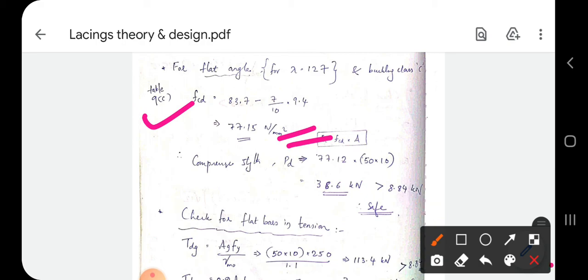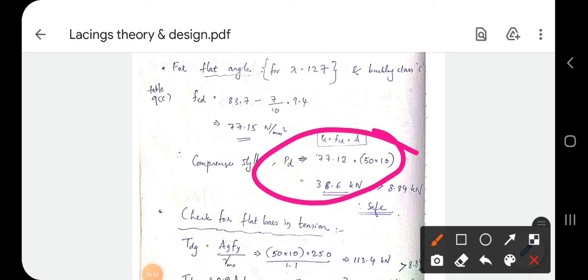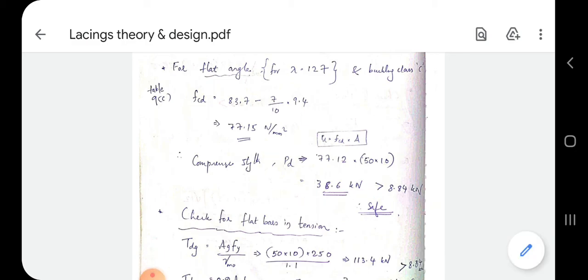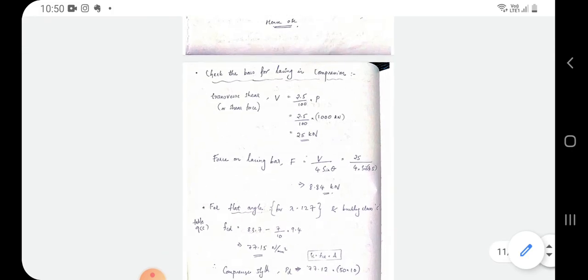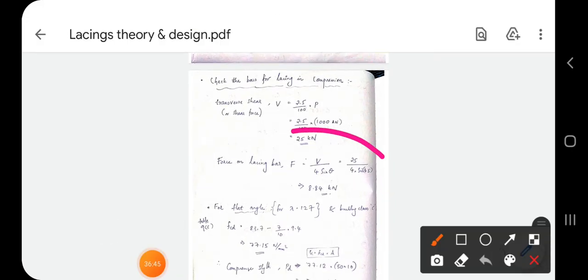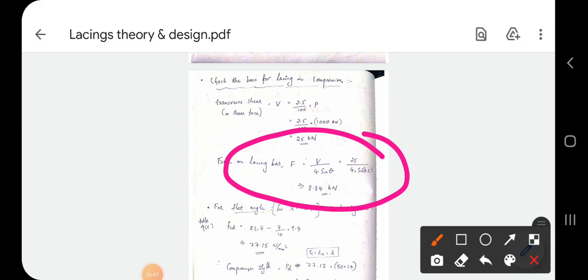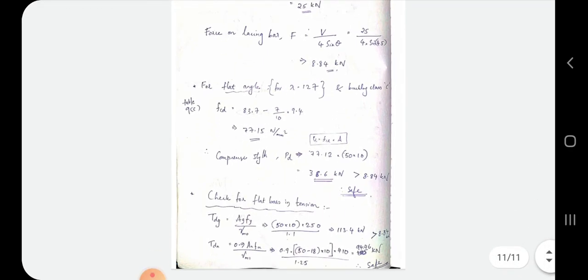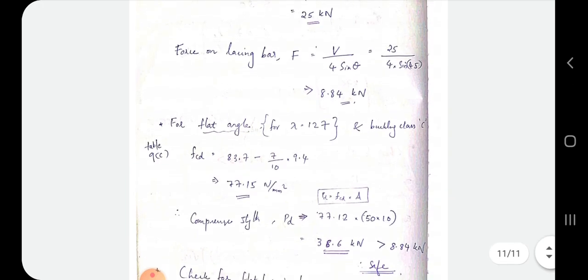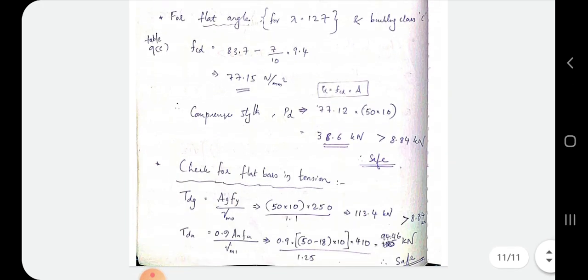Therefore the compressive strength of the lacing bar Pd is equal to 38.6 kilonewton, and it is greater than the force on the lacing bar, 8.84. The compressive strength is more than the force on the lacing bar, so it is safe.